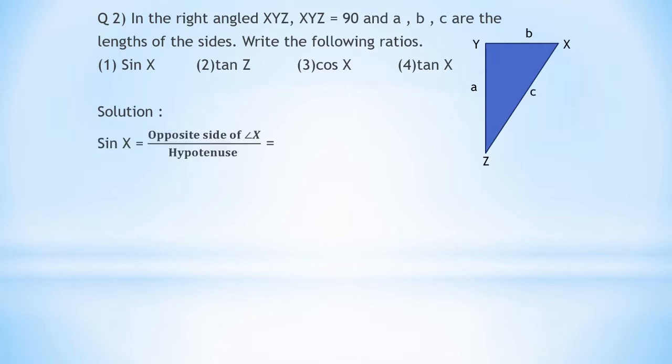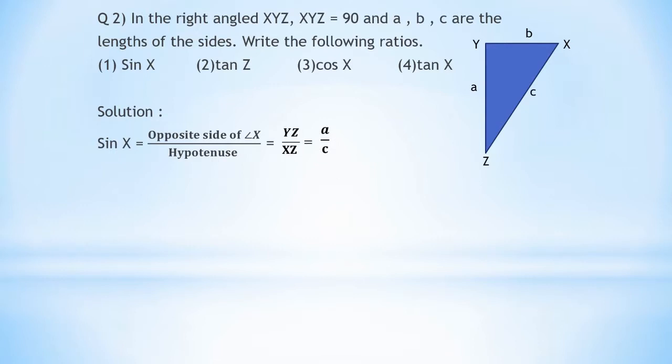First is sin X. The formula for sine ratio is opposite side upon hypotenuse side, which is the opposite side of angle X upon the hypotenuse. The opposite side of angle X is YZ and the hypotenuse side is XZ.